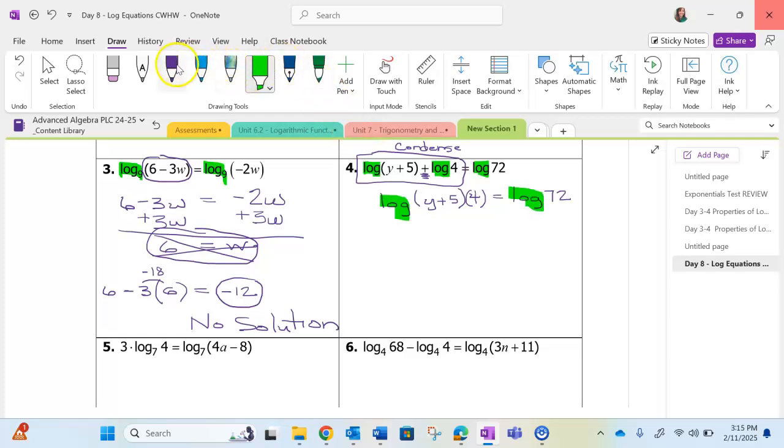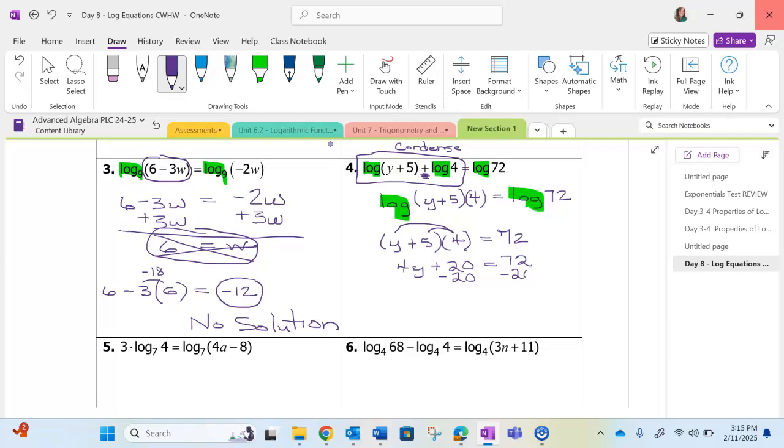So now I can set the arguments equal to each other. So I have y plus 5 times 4 equals 72. This is all one big argument because I need to distribute. So this becomes 4y plus 20 equals 72, and now solve for y.